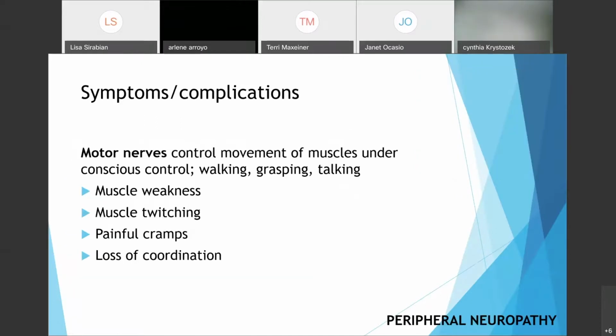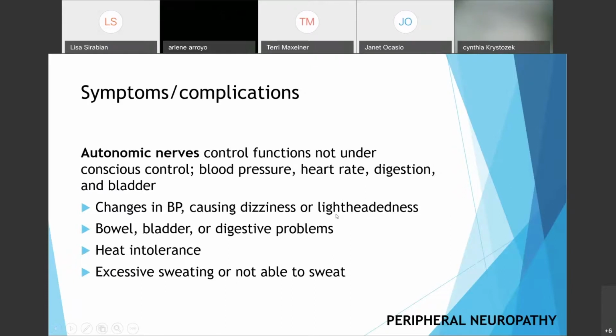So these are the other parts. It's the sensory nerves, but it's also the motor nerves. The motor nerves, of course, control the movement of the muscles under conscious control. So things like walking, grasping, and talking. If the motor nerves are affected, we see muscle weakness, muscle twitching, painful cramps, loss of coordination. And then the third type of peripheral nerves is the autonomic nerve.